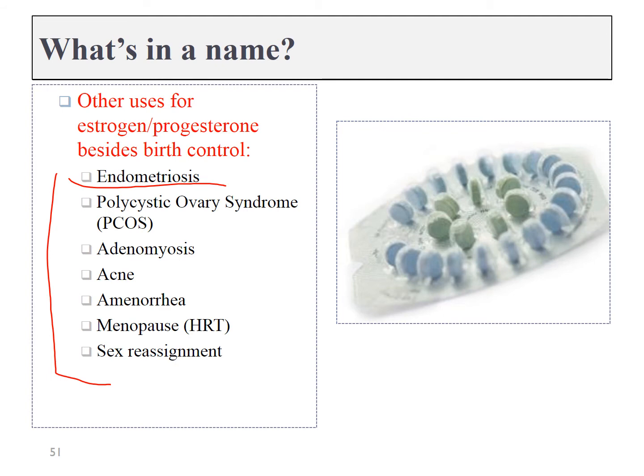Nevertheless, we still call them birth control pills rather than progesterone with or without estrogen. And for that reason, anybody who's against controlling births is going to be against allowing women easy access to these medications. In the state that I live in, women can get birth control pills from their pharmacist. But I think we're in the minority.